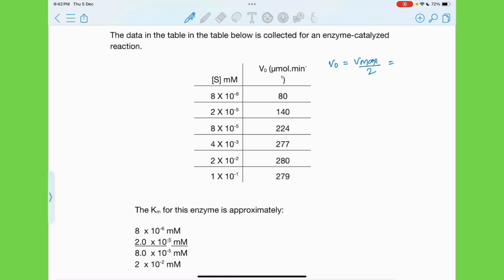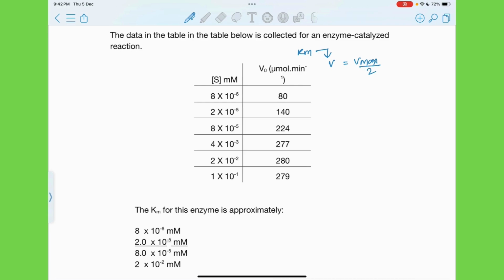Let me frame it correctly: it should be the velocity that is half when the reaction can be successfully converted. The half maximum rate of the conversion is where the Km comes. So it's Vmax upon 2. Let's find out the Vmax.